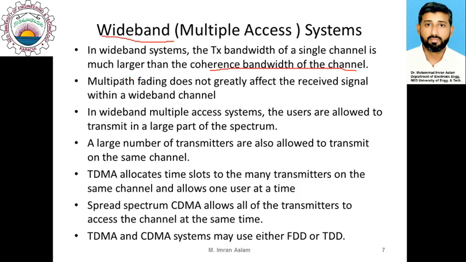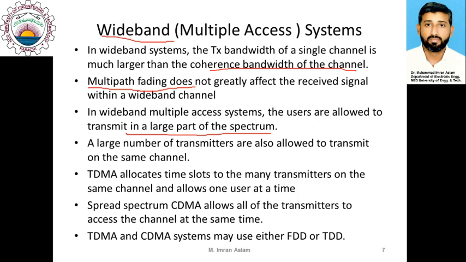These wideband systems are good to combat fading, because fading generally affects only a narrow band portion of the received signal, and the overall effect is negligible. In wideband systems, users are allowed to transmit over a large part of the spectrum.